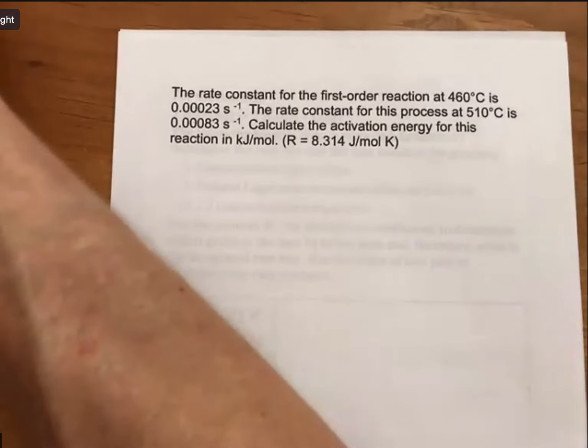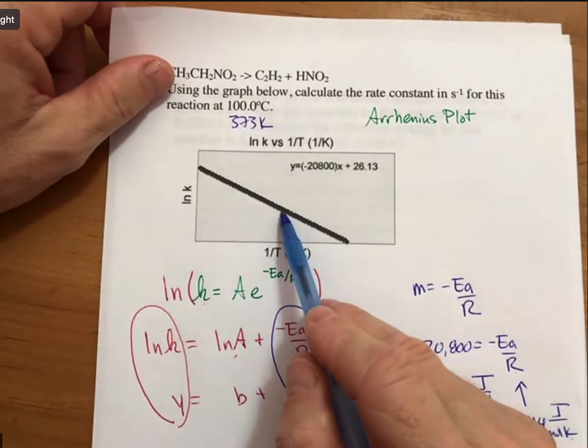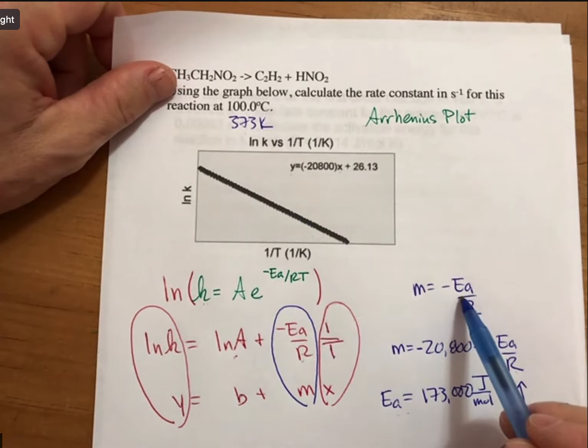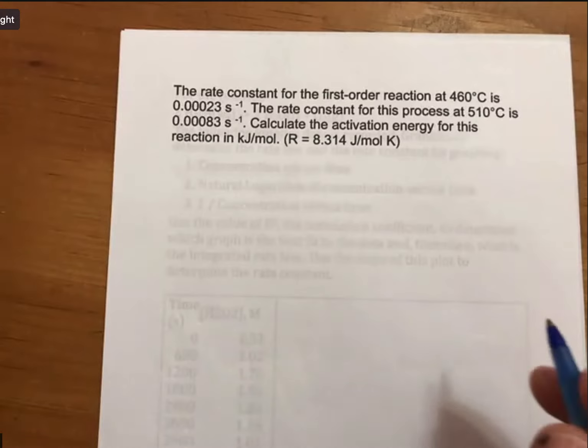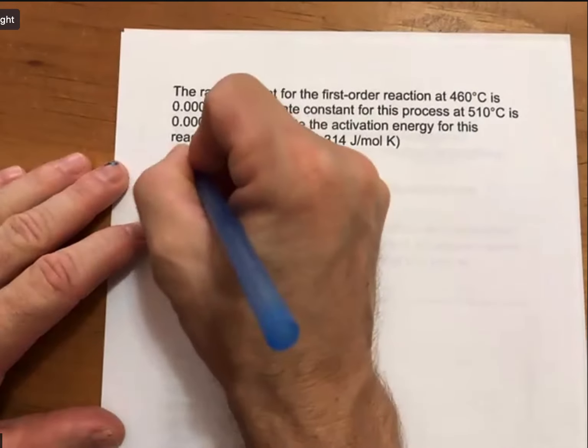Now, in the last problem, we had the slope of this line, and we used that to find the activation energy. Now we have 2 points, and so we're going to use the 2-point slope formula.